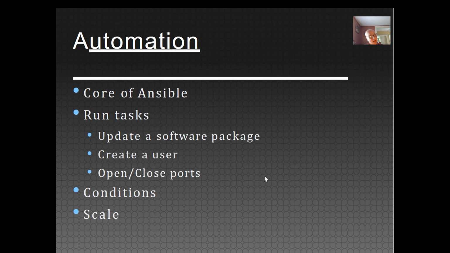It says, if we had to shut it down, then run this. If we had to change this file, then do this. If we didn't have to change the file, then don't do this. So conditionals we can put into there also. And then we're interested in scale, not just onesies and twosies, but scale it out to a whole bunch of servers.